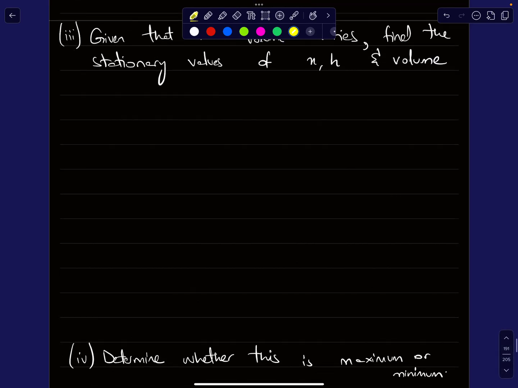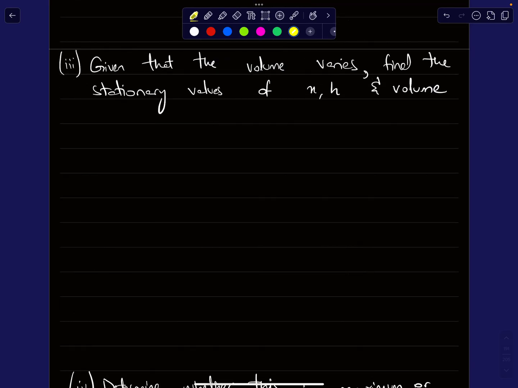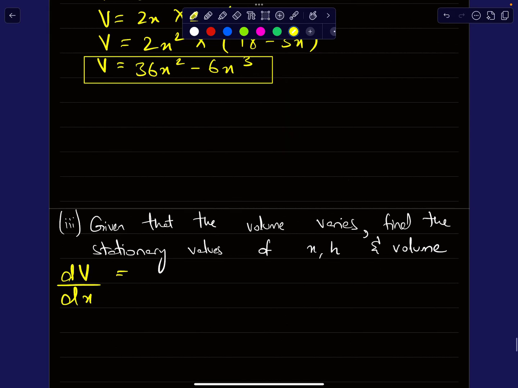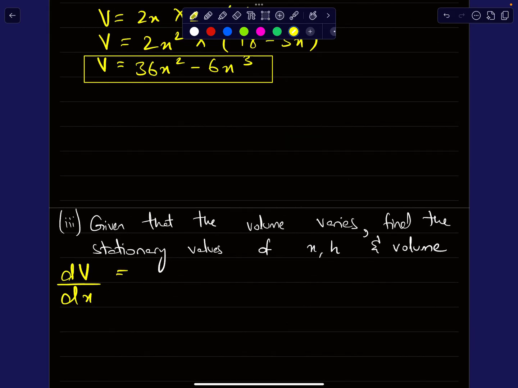Kudos. Then, given that the volume varies, find the stationary values of x, h, and volume. Alright. So this is where calculus comes in. So we need to differentiate the expression of volume which we obtained. So we were given this.